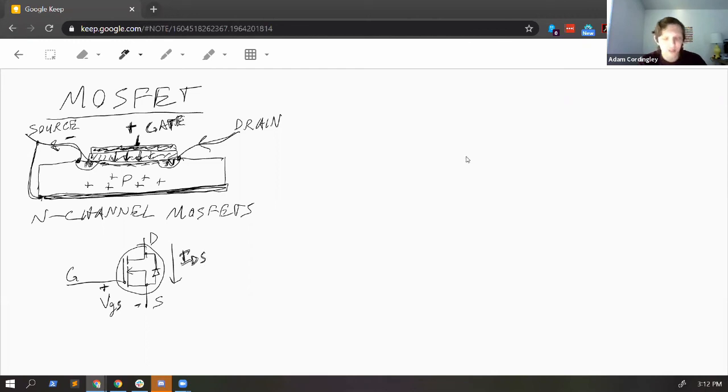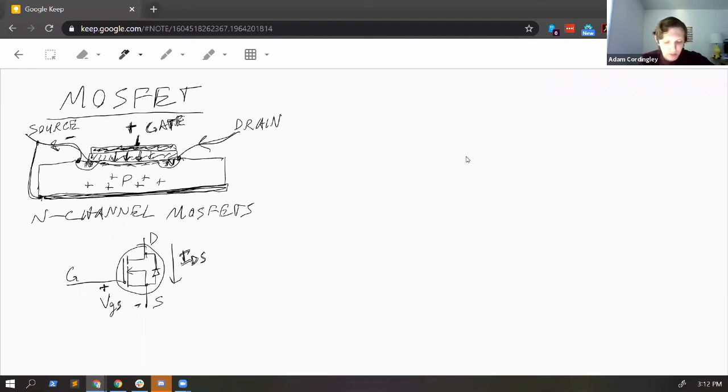I will be able to start passing current from drain to source. And so this can act analogous to a BJT, where with the BJT, you vary the current going into it, and that varies the current through it. In this case, we vary the gate source voltage, and that varies the current going through it.